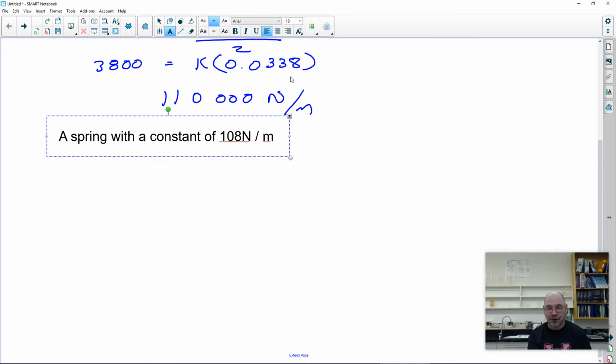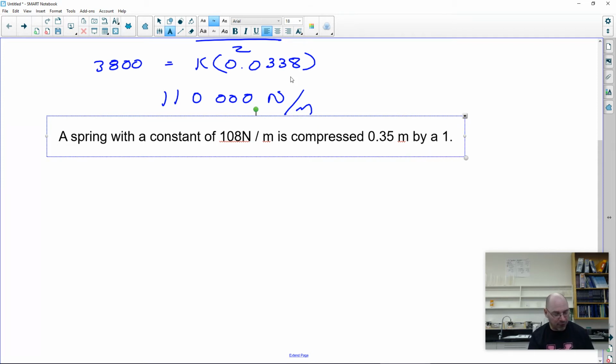It's compressed, let's say, 0.35 meters by a 1.3 kilogram mass.